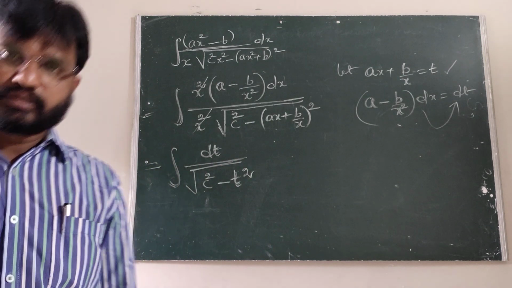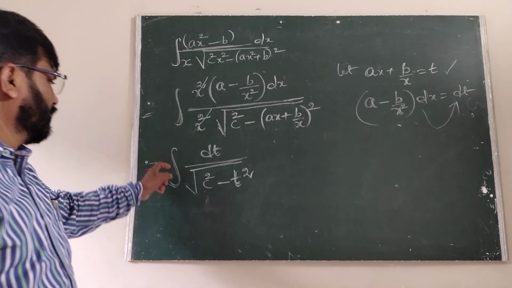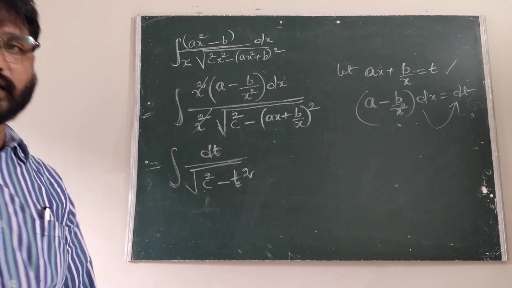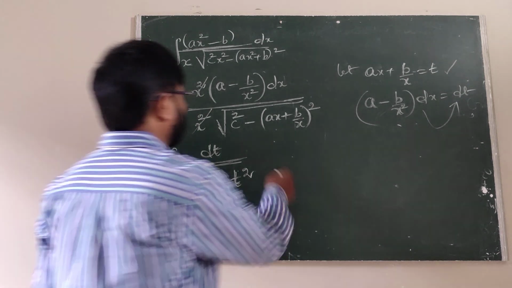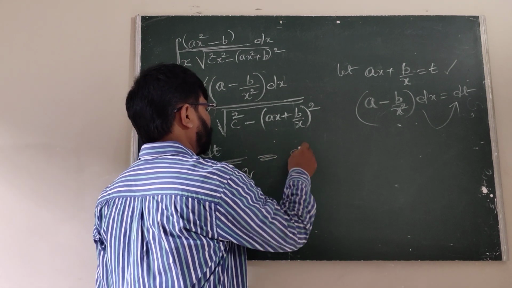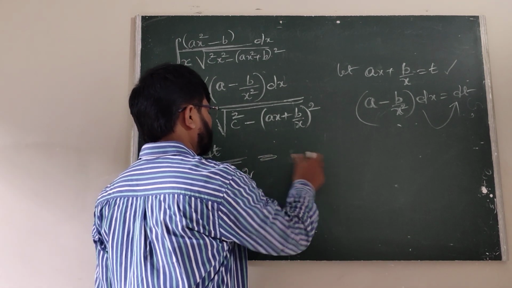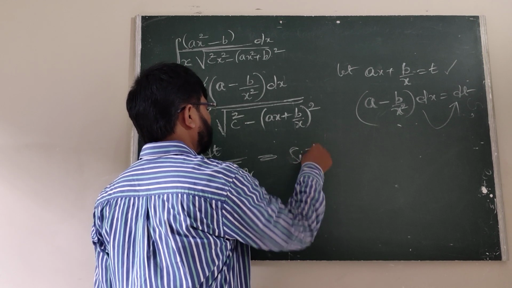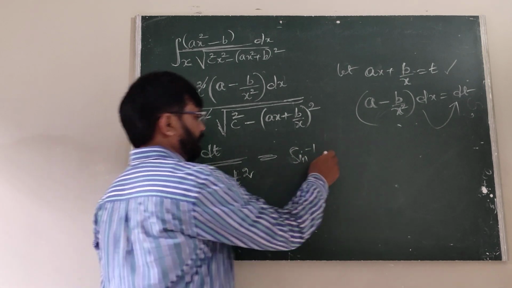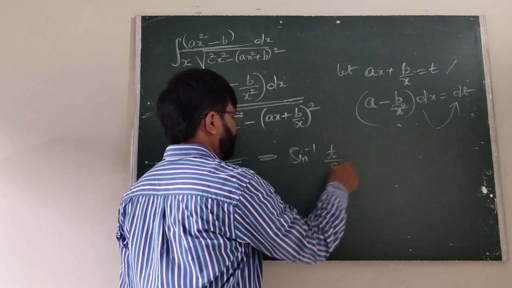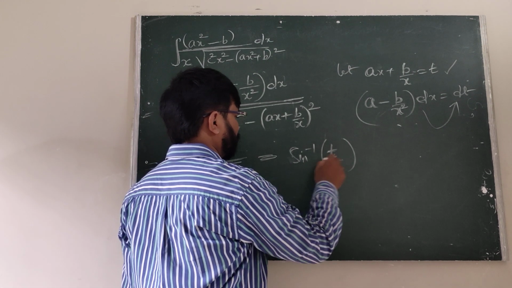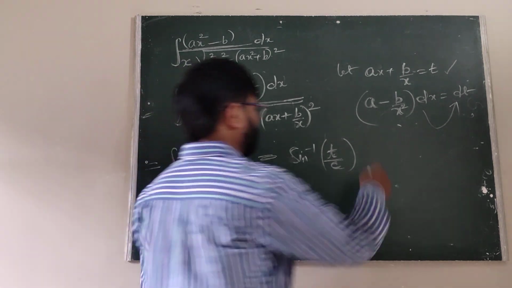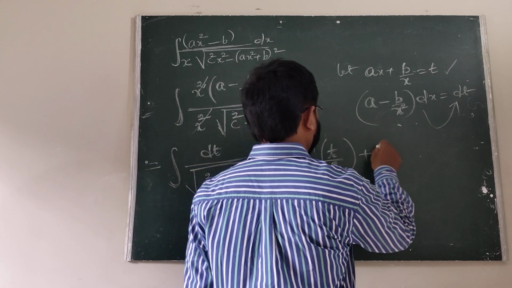We know that the form of integral dx by under root of a square minus x square is sine inverse of x by a. Here x by a is t by c. Sine inverse of t by c. Now the constant is k.